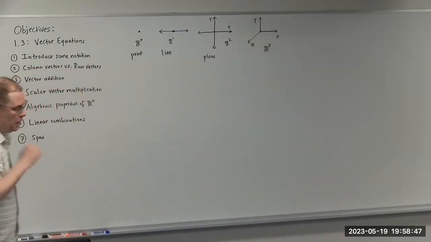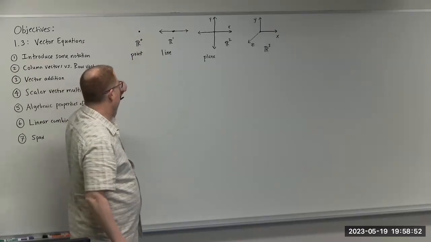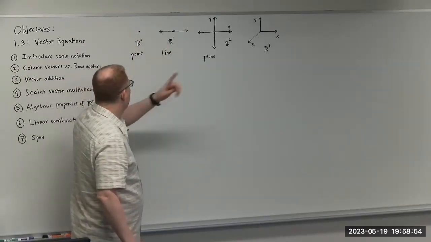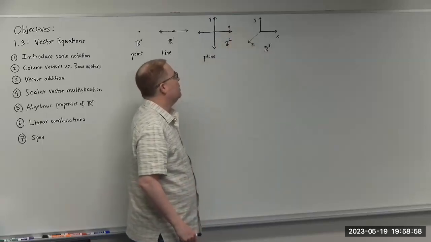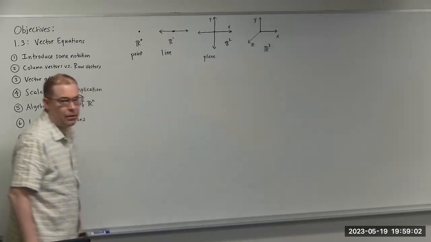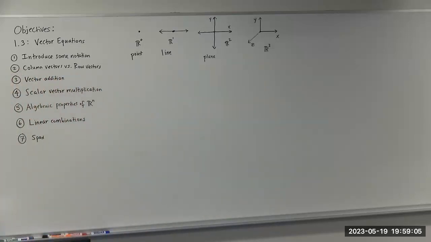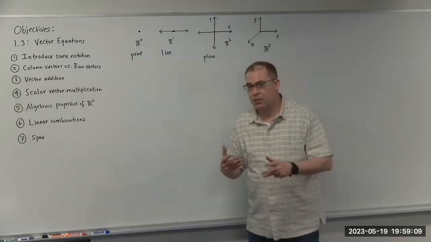So we have a point, just a number, then a line, a plane, and then basically an extension of the plane, which puts us into 3 dimensions. Later in the course, we'll talk about the formal definition of a dimension.